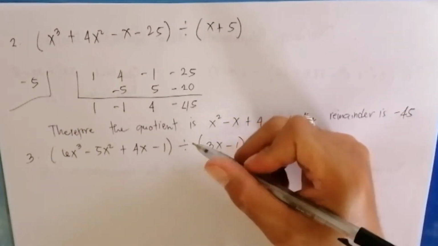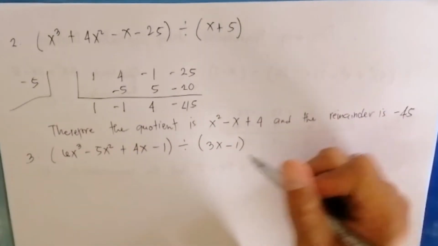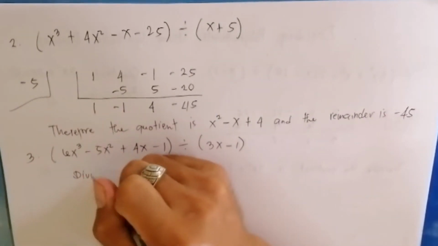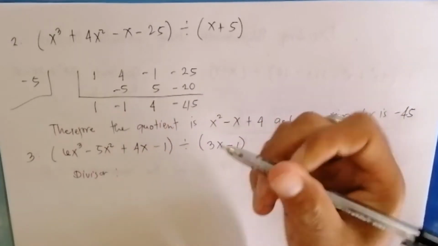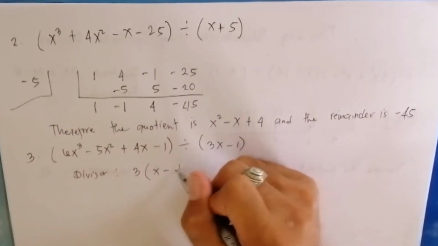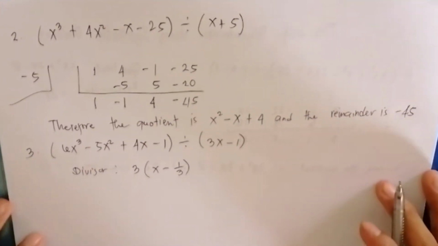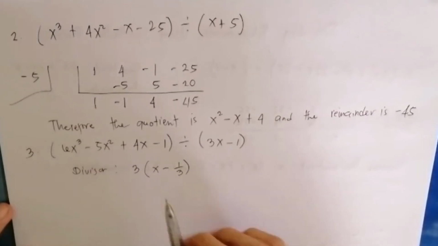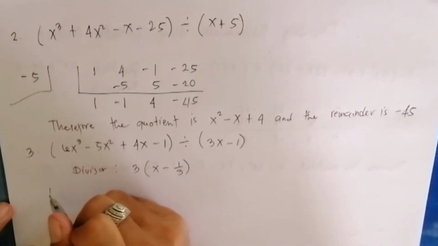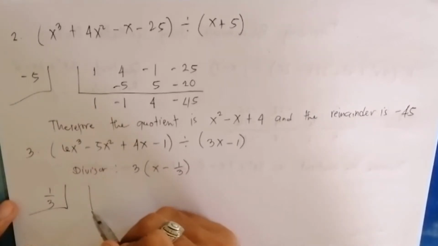So for the divisor we have 3 times x minus 1/3, so the value to use is positive 1/3.